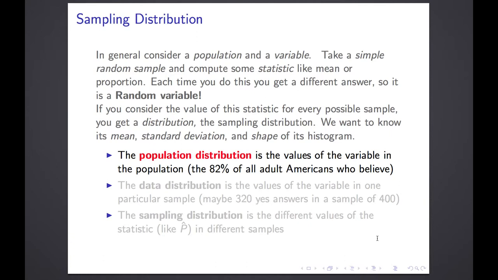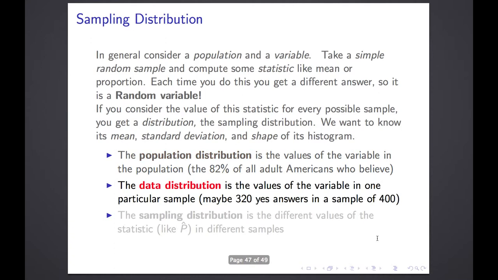So in our case, you describe the population distribution when you say that 82% of all adult Americans believe in God. Now in our case, we know that. Usually we won't know what p is. We'll just be picturing this population distribution. It will be abstract. We'll be hoping to infer things about it.